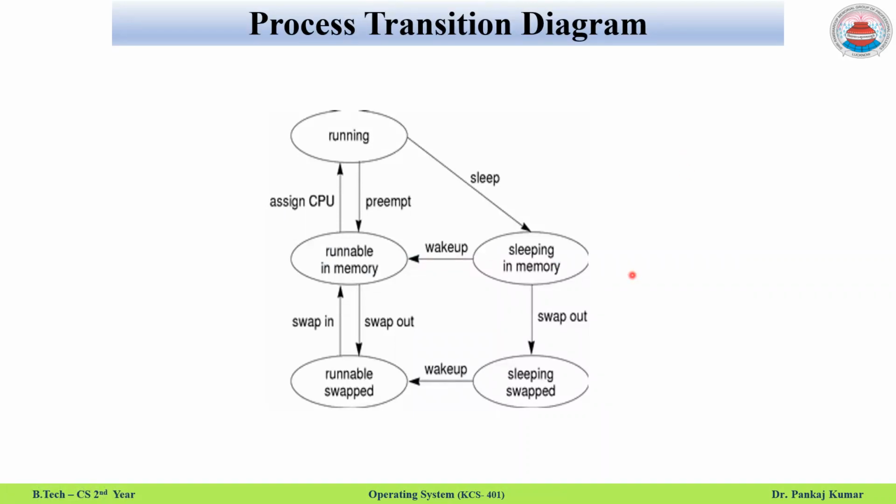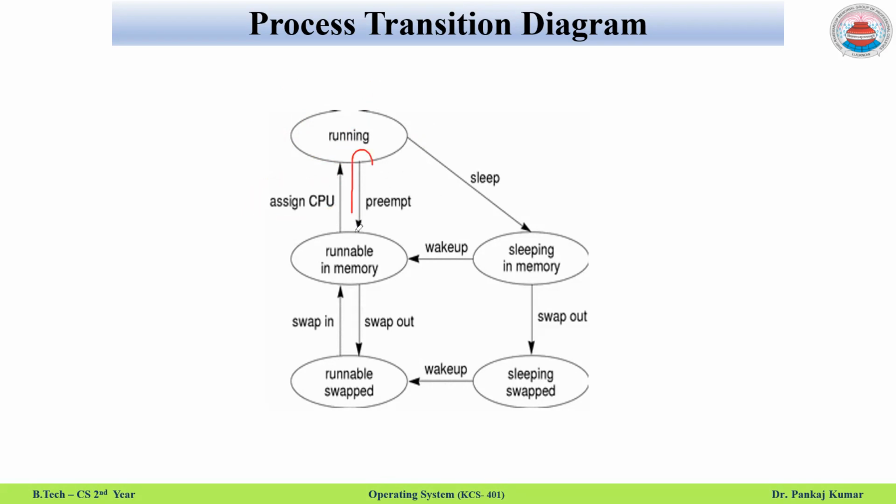Process transition diagram means any process which is in execution state. Here we are talking about only the running state. A process is in running condition, so CPU is assigned to it.